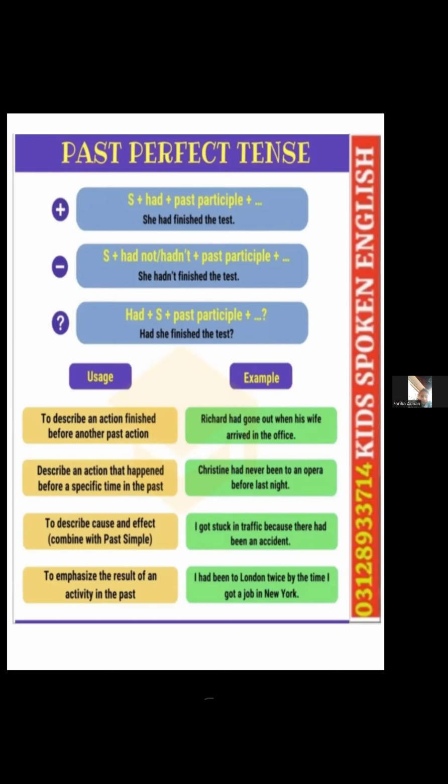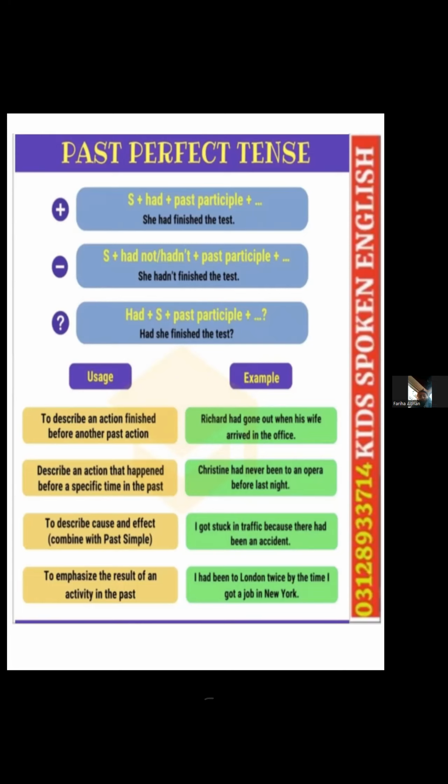And in order to make the interrogative, we have to make the sentence like this: had plus subject plus third form of verb. Had will come at the start, then the subject, then the third form of verb, and the rest of the sentence, and a question mark, because it's a question sentence, okay?